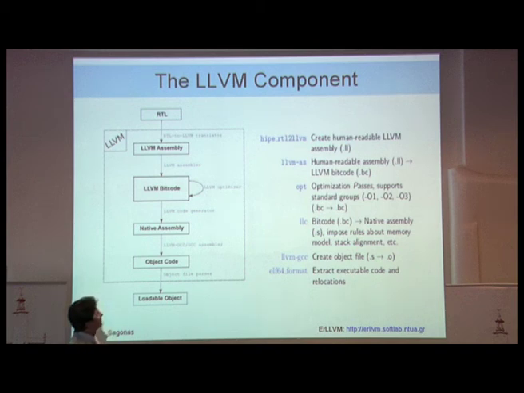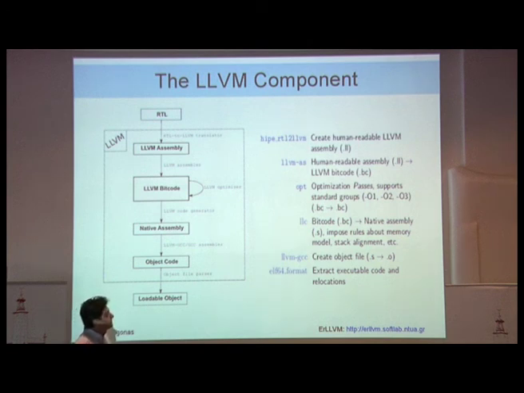And then this humanly readable assembly, we translate to LLVM bitcode, which then is not humanly readable. Then there are various optimization passes, but these are happening by the LLVM optimizer. And we can choose whether we want O1 or O2 or O3. Actually, it does not really matter too much in my experience. The difference is very small in performance.